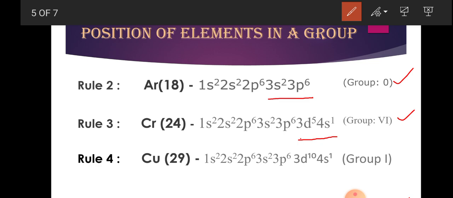From the electronic configuration of copper, we can see that the total number of electrons of s and d orbital is 11, which is greater than 10. So, in this case, we consider only the electron of s orbital, and here s orbital contains only one electron, so group number of copper is 1.